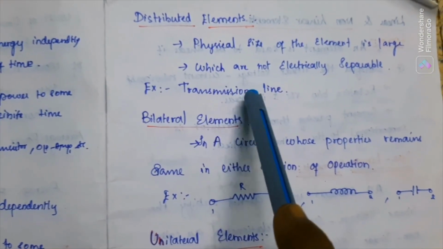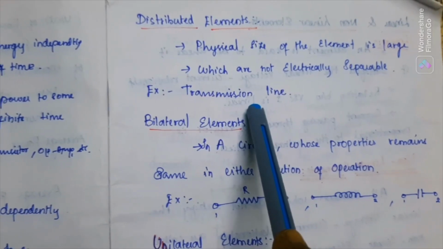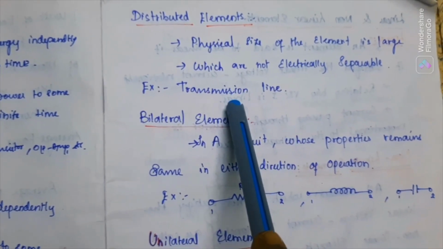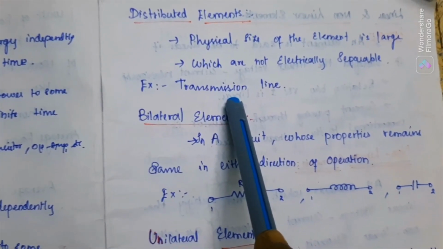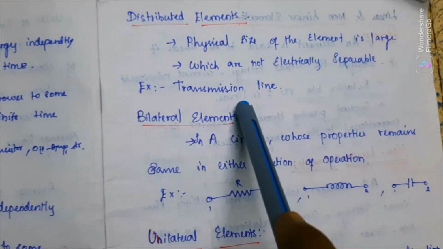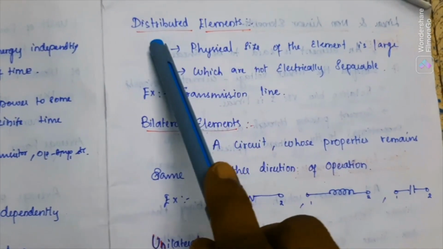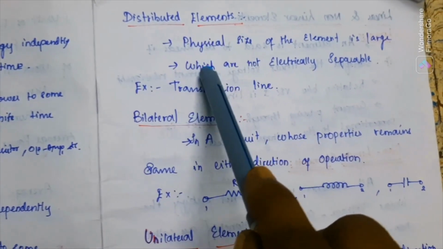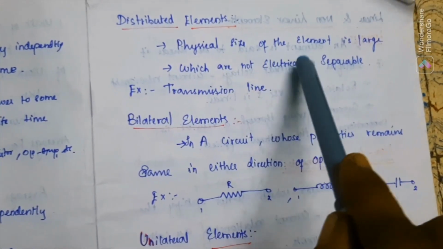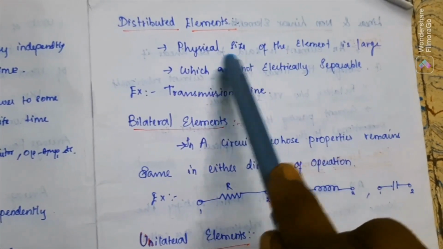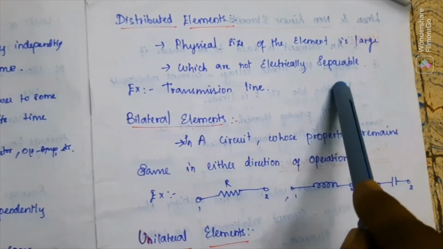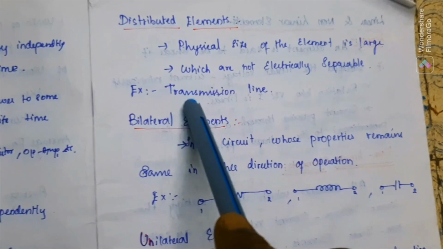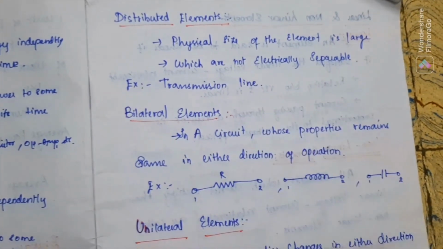The physical size of the transmission line is very large and we can't electrically separate it like a resistor and capacitor. So that is called distributed elements. Distributed elements means the physical size of the element is very large and which are not electrically separable. The example is transmission line.